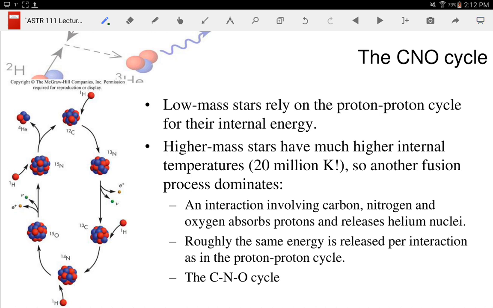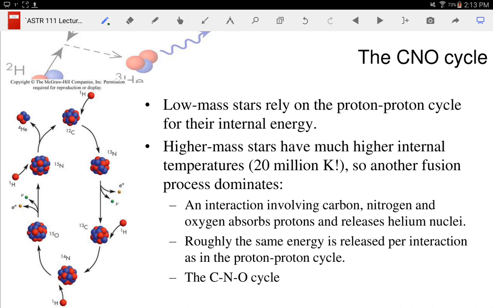You add a proton to it, and it becomes nitrogen. Wow, I said that wrong. Nitrogen means 7 protons in the nucleus. It's nitrogen 13 because it has 6 neutrons, 7 protons, 13 total nucleons.